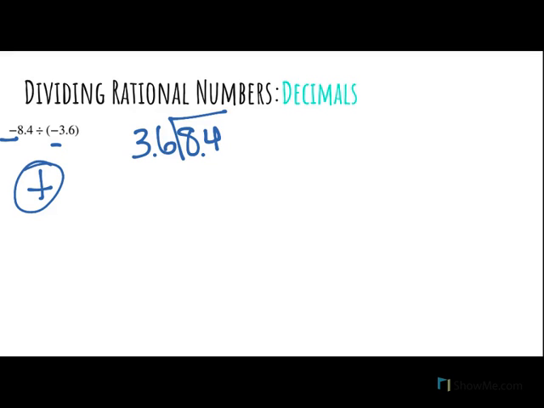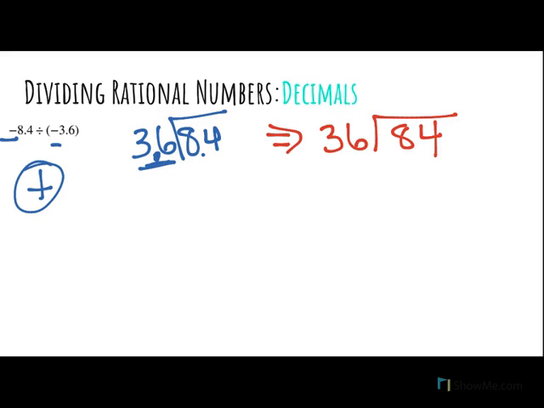Okay, now this number out here, we never want that to be a fraction. So how can we change that? Well, in math, we can do anything we want as long as we do it to everything, right? So if I move the decimal one spot here, that's cool as long as I do it here as well. So I'm going to rewrite my 3.6 and 8.4 as 36 and 84.